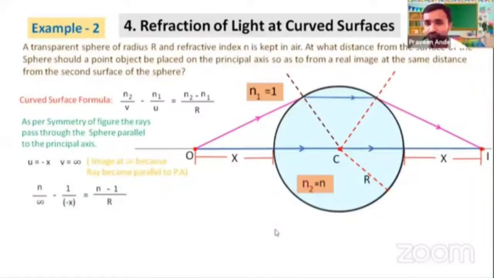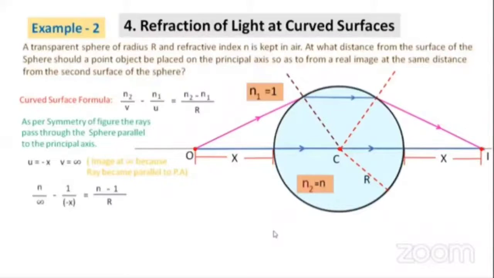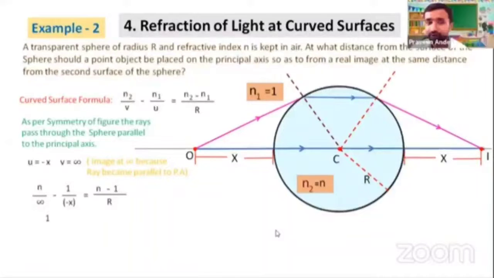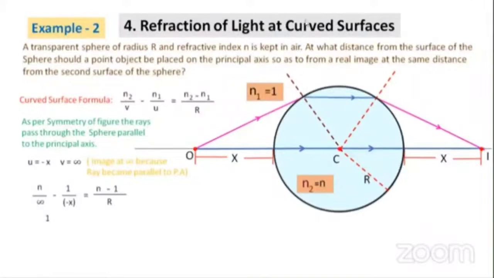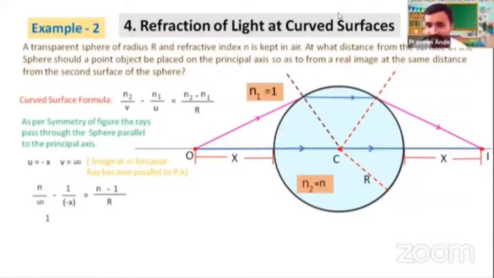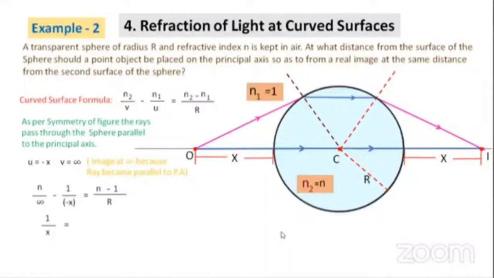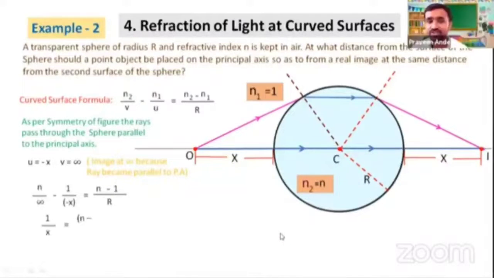So n into 0 is 0. Then what remains here? Only minus 1 by minus x. Minus into minus is plus. So here we write plus 1 by x, which equals, with no change on the right-hand side, (n minus 1) by R. Is it okay?